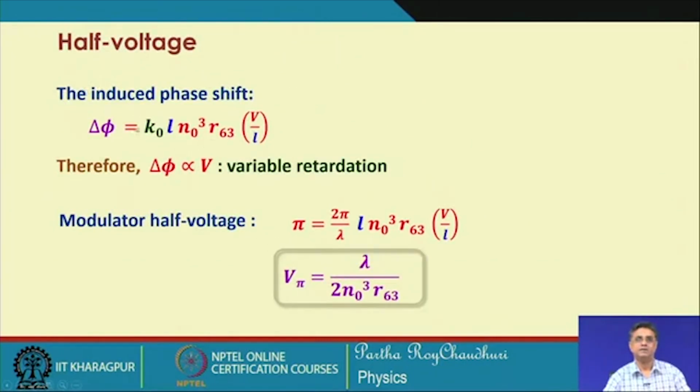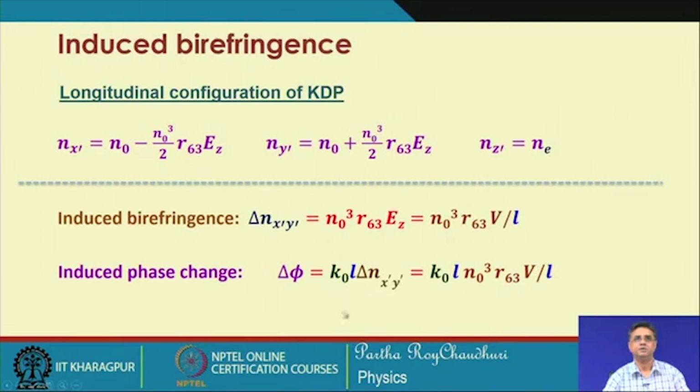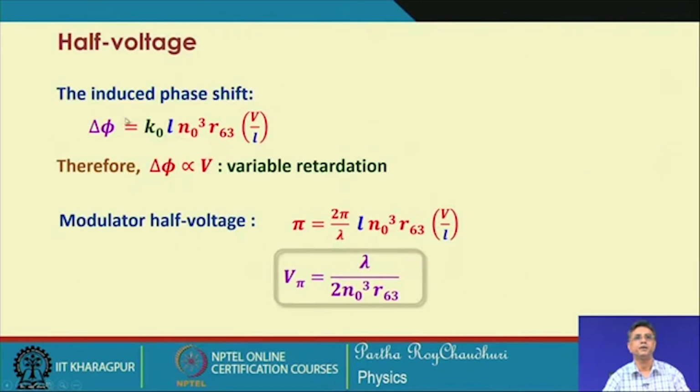So, in that case, with this induced birefringence delta phi, again we find that delta phi, the change in the phase, is proportional to V. Again this gives you a variable retardation, and the modulator half voltage is this. We just have to use the value of the R63 coefficient to get the half voltage of the crystal.